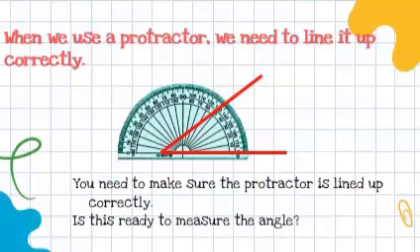The first condition is that one of the arms should be on the 0. If you look at this angle, you should start from the right, so you should start from this 0. That's the condition I told you about: either you start from the right or from the left, depending on the position of the angle. So we are going to start from 0, but is this ready to measure the angle?